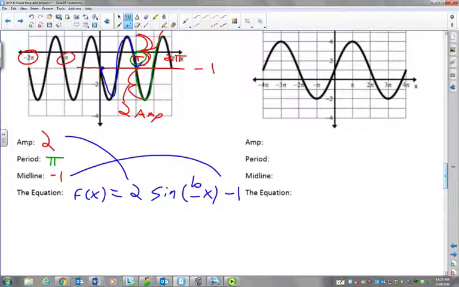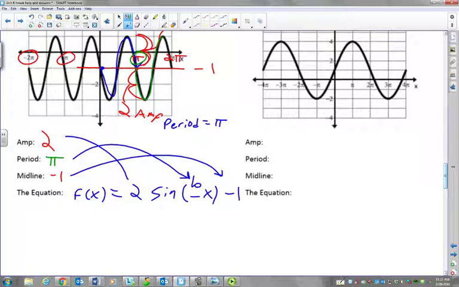So the b value definitely comes from the period. We're going to take our period, which is pi. Now there's also a formula for period, right? Period is equal to pi is what we found by looking at it graphically.